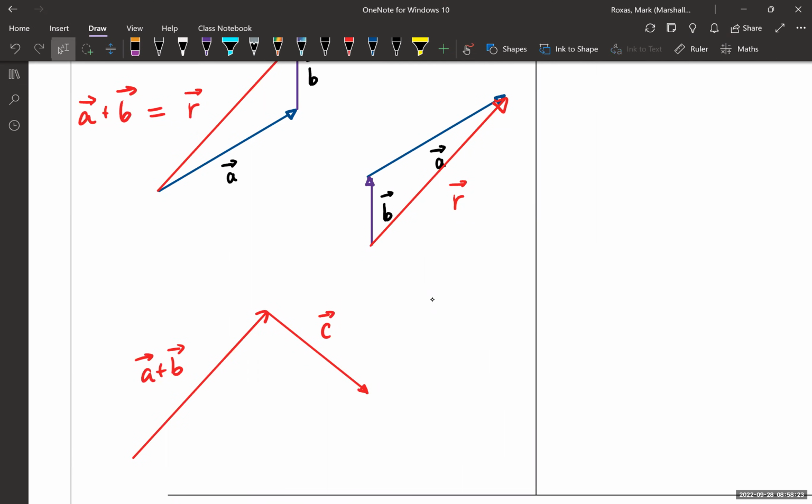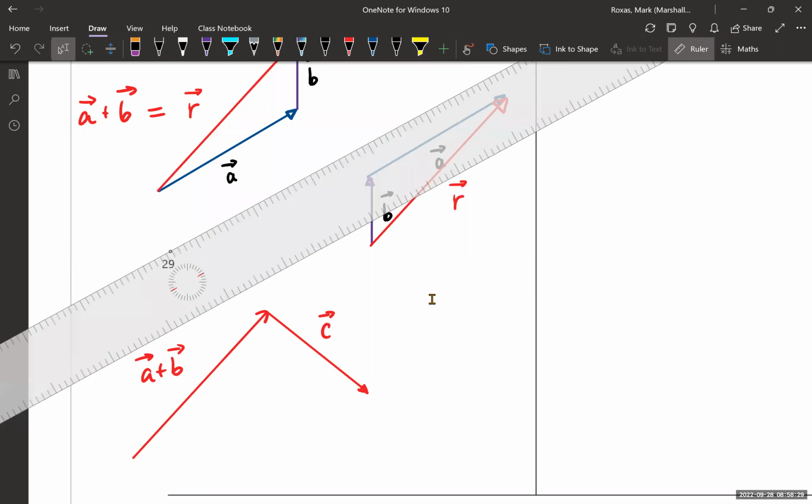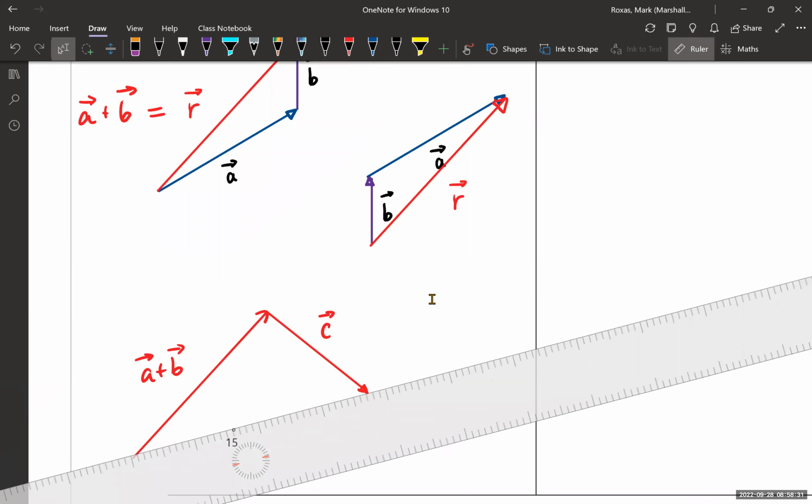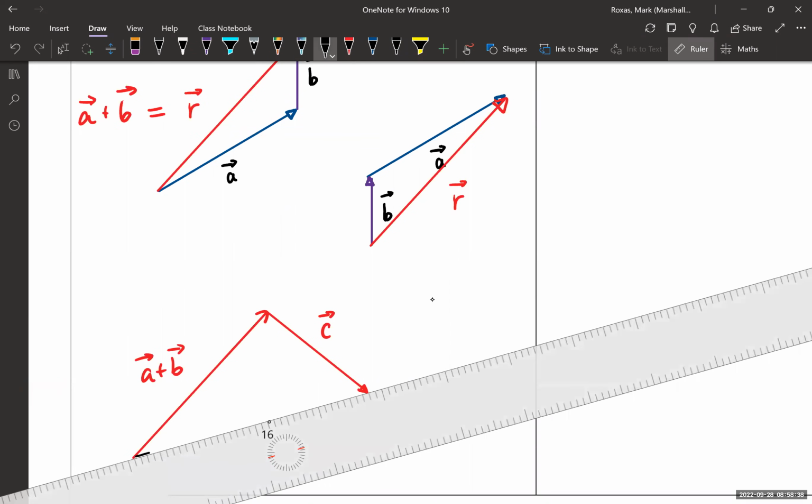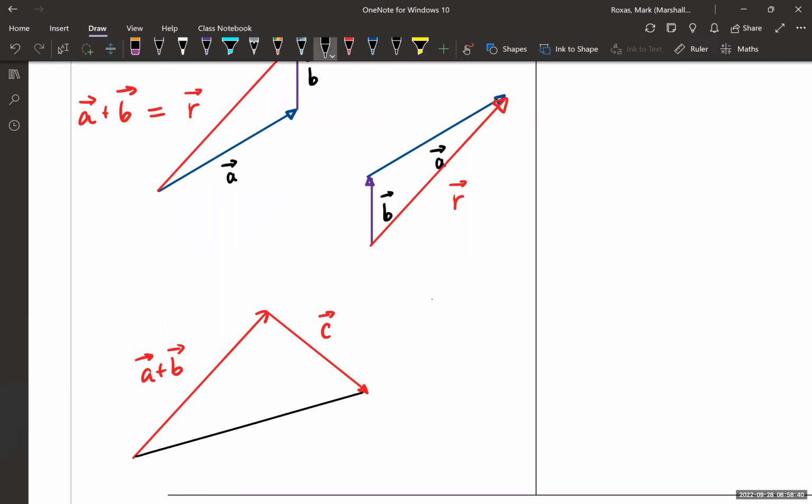And then I draw the resultant. Drawing the resultant is from the tail of the first vector to the head of the second one, like so. And that would be A plus B plus C, or I can call that R, my new resultant for this example.